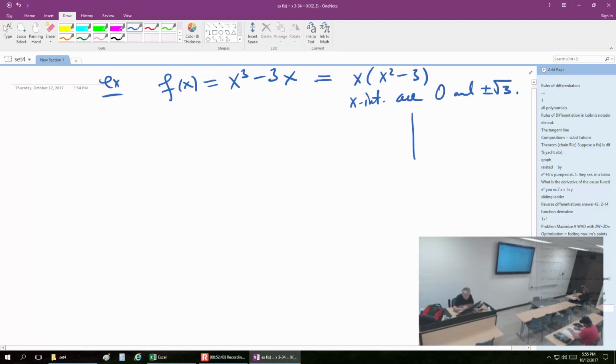So there are 3 x-intercepts, and that is sort of what we would have accomplished with the pre-calculus analysis. Okay, so the graph crosses the axis in these 3 points.